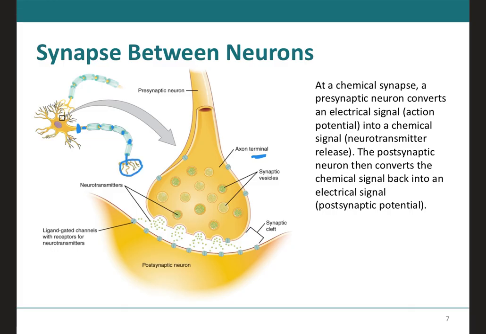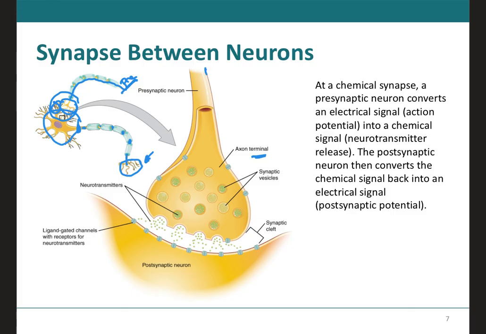What's happening on this terminal end is the same thing that's happening over here. The action potential came down the axon all the way to the axon terminal, and now it's synapsing with either the dendrite or the cell body. This axon belongs to the presynaptic neuron, and this neuron over here is the postsynaptic neuron.